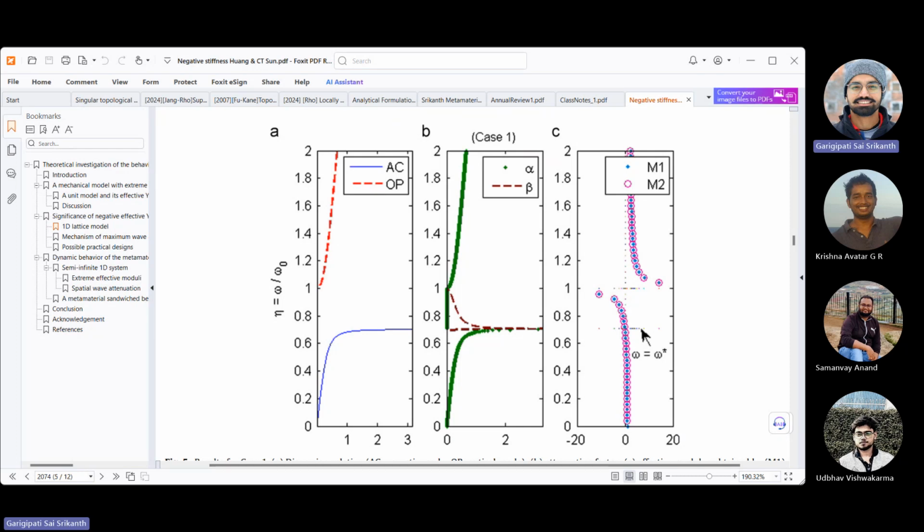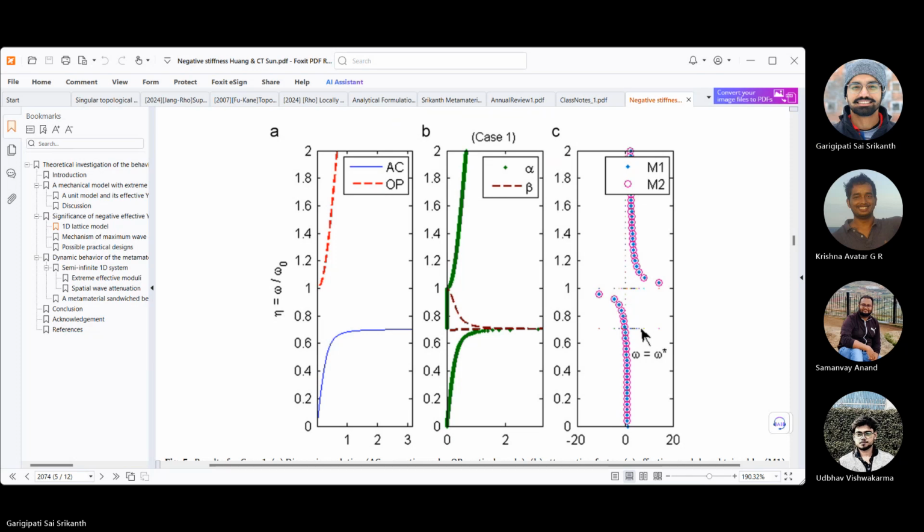So what is that? They are not happening at the same frequency. So notice that the effective stiffness, which is plotted in C, when it goes to infinity, attenuation need not go to infinity.